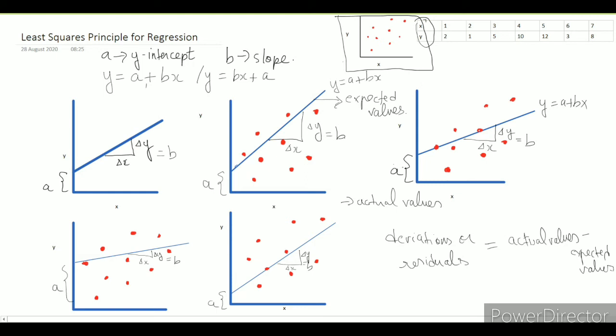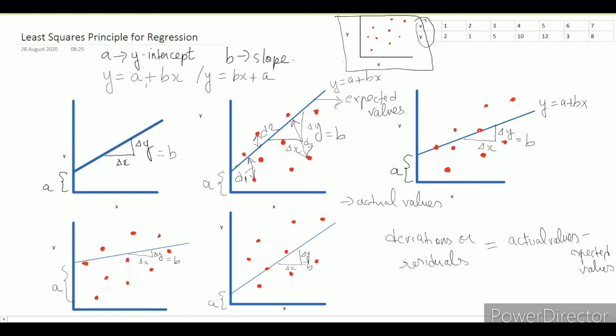So if we look here, this distance, or this difference, is a deviation or a residual. Let us denote this by d1. Let us call this d2, and let us take another deviation, this distance, because here we have expected values of y and here we have actual values of y given a value of x. So that is called a residual or a deviation.